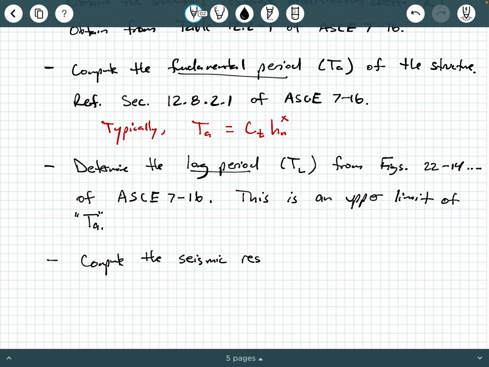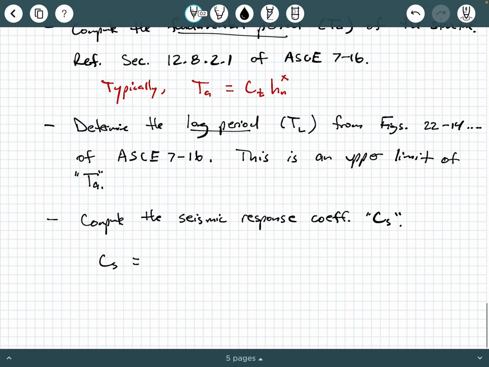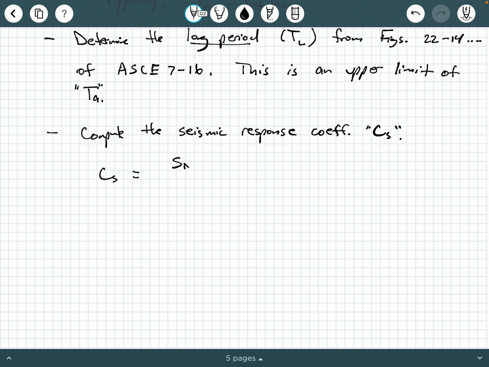And then finally what we do is we compute the seismic response coefficient, C sub S, which is computed as C sub S equals SDS. Now, what's SDS? That's our design spectral acceleration that we discussed earlier in the previous video. And then we say divided by R over I sub E, okay?